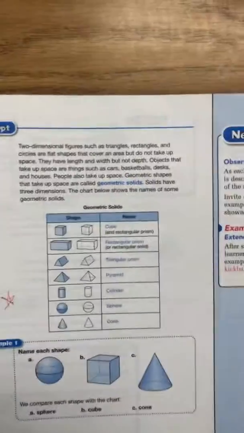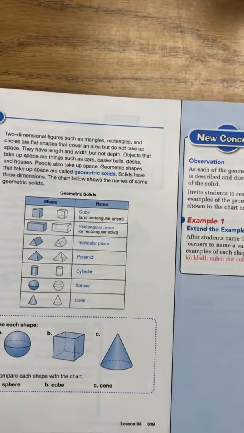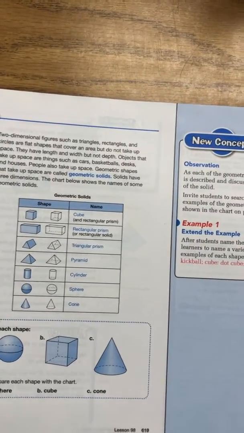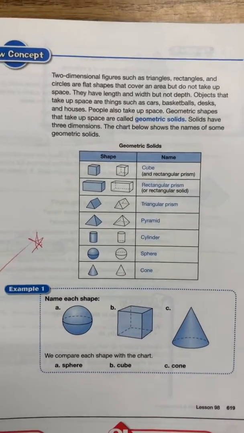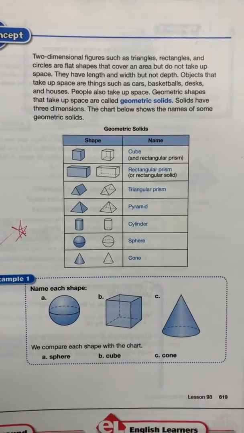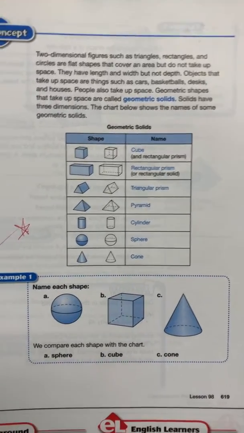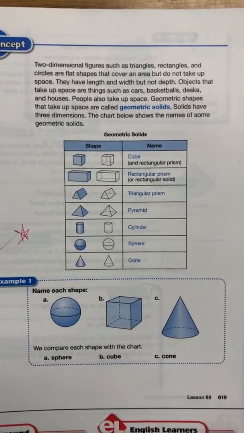Okay. I'm going to be kind of basic on this one and be reading from the book, and then I got some cool manipulatives that we're going to play with to show you. So, two-dimensional figures such as triangles, rectangles, and circles are flat shapes that cover an area but do not take up space. They have length and width, but no depth.